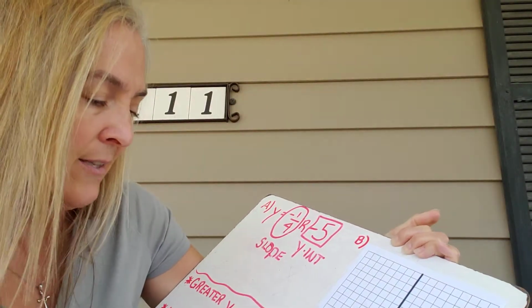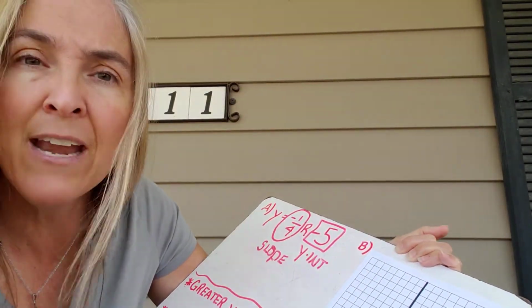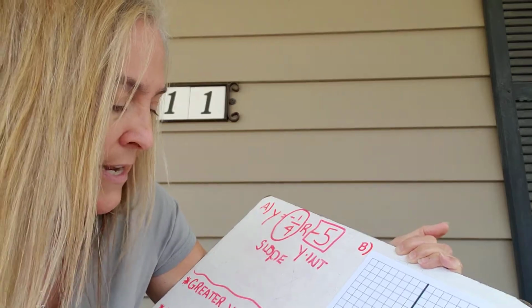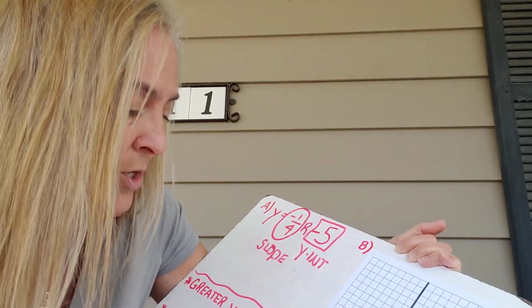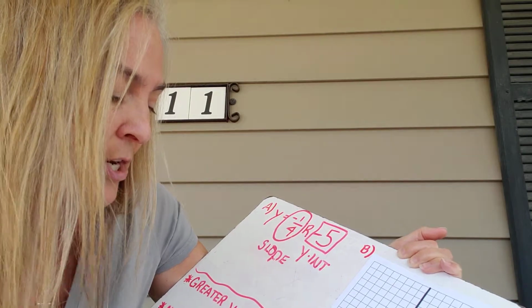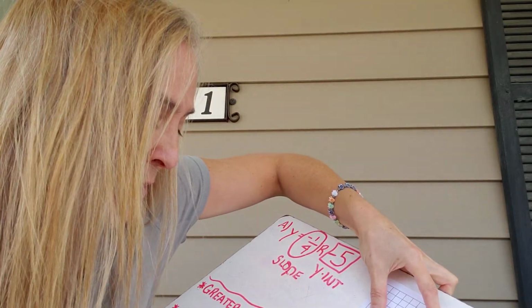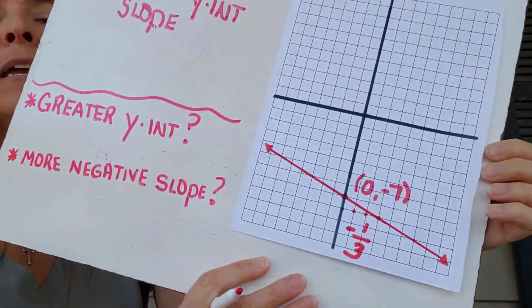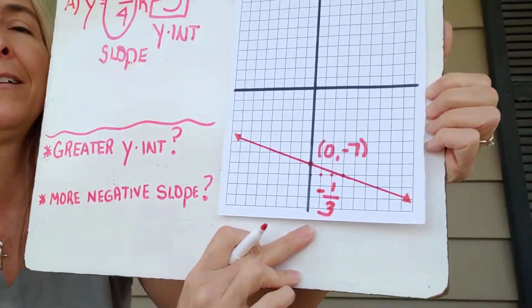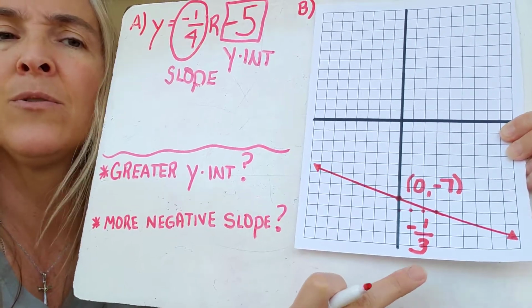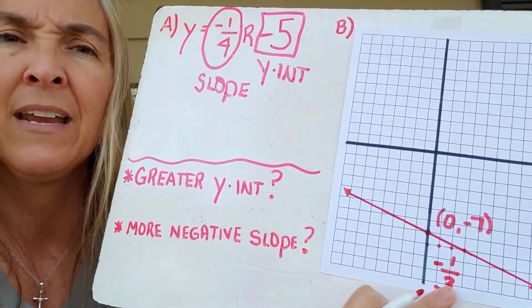In this case, my rise is actually down 1, so -1, and my run is 1, 2, 3 to the right. So my slope would be -1 over 3. It's written as a fraction. And since I had to go down and then to the right, my slope is negative.